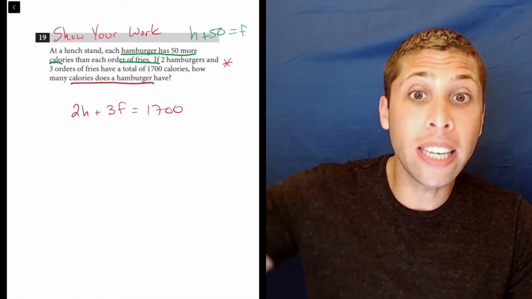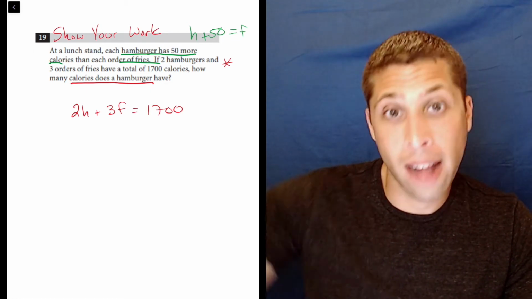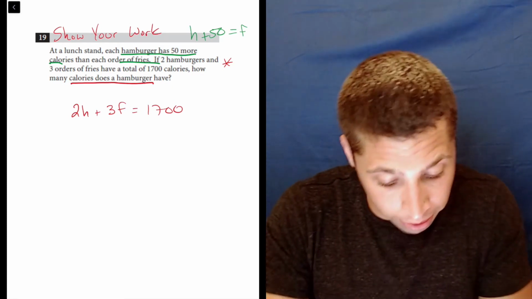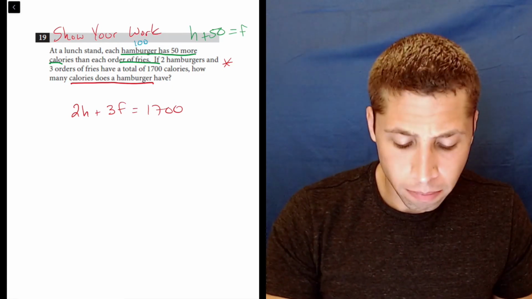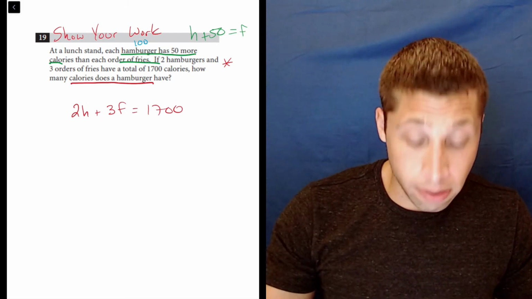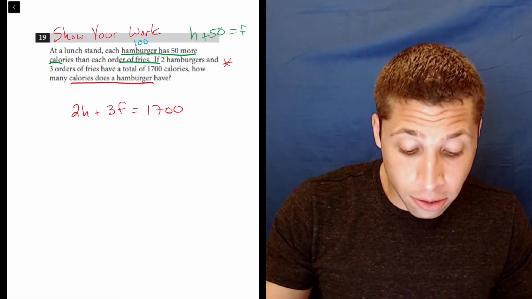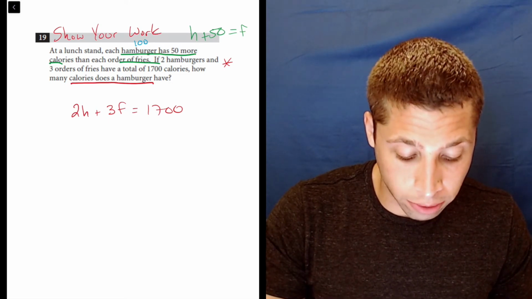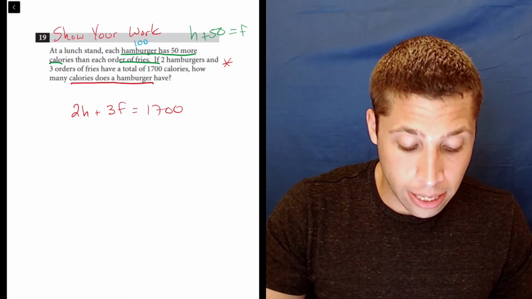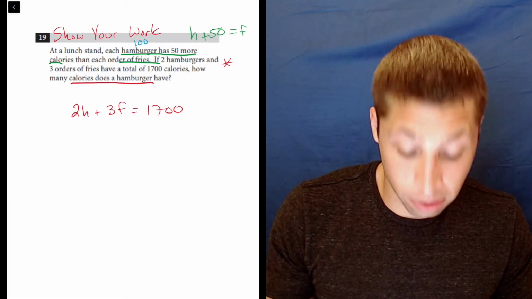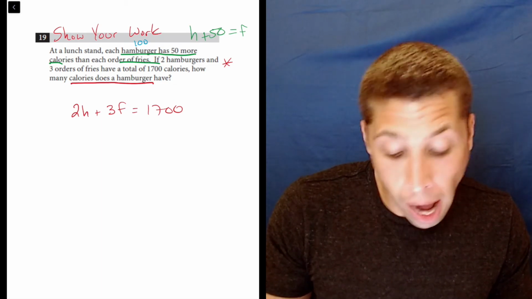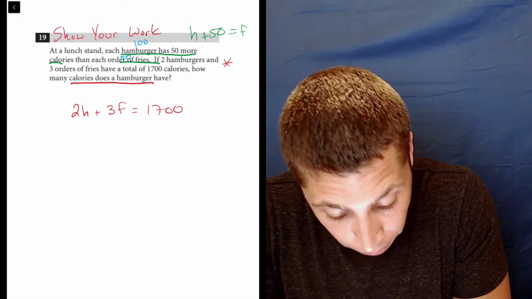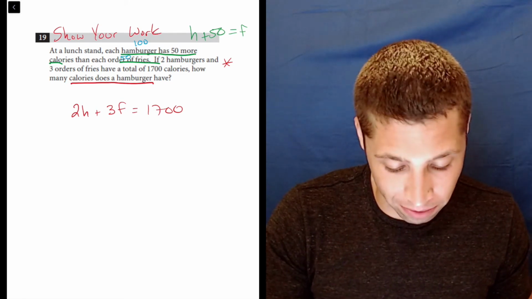I'm not actually guessing the number of calories in a hamburger, but I'm going to just for a second pretend that that number is 100. Because then according to the sentence, the fries should have 50 calories, right? 100 calories in a hamburger is supposed to be 50 more calories than the order of fries. So, okay, 100 is 50 more than 50, right?